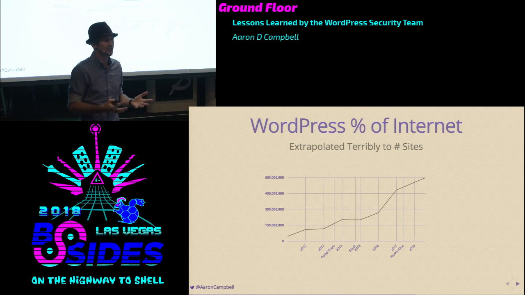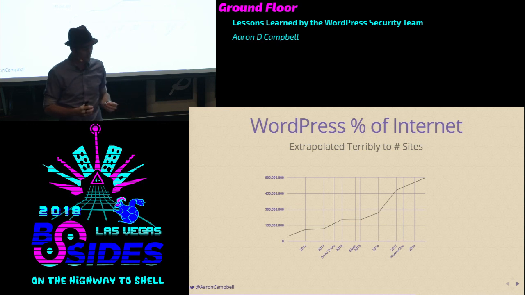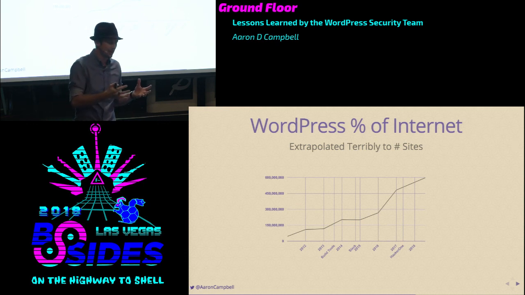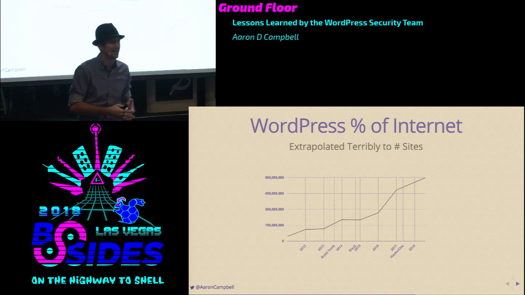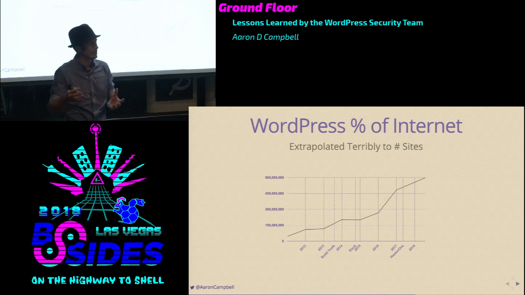At that time, W3 Techs estimated we were powering 19% of the internet, and we had built a lot of tooling around our repository as it sat, and that all needed to be redone because our repository needed to be reorganized. It was a really difficult task because it was past due. Like, it was way past when it was needed.